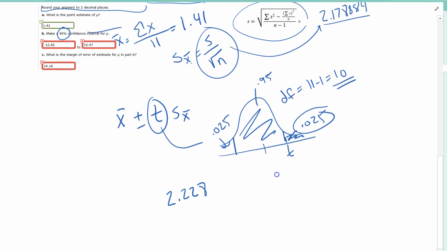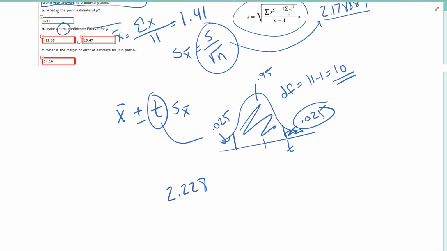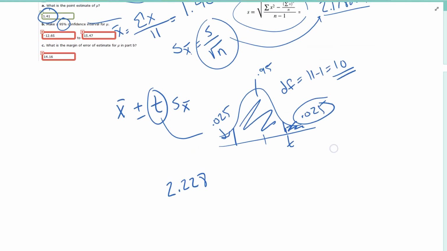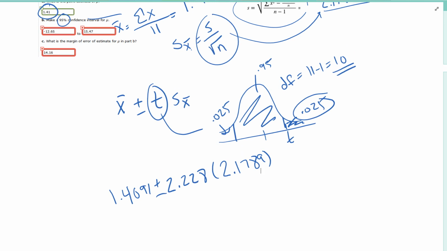So I have, and be careful here, x bar was calculated as 1.4091, so you might want to leave it like that in your second calculations. 1.4091 plus or minus t times the point of estimation of the standard deviation about the mean here.